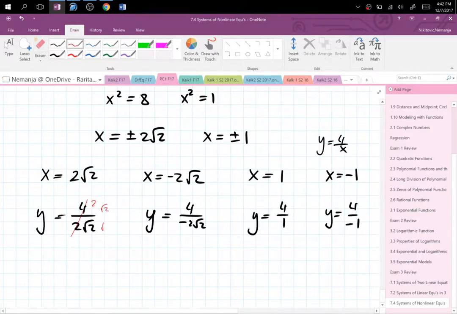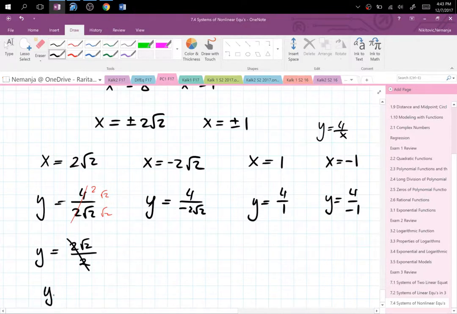Then you rationalize, and we get that y is equal to 2 root 2 over 2, and then the 2's cancel, so you are left with root 2. The second one will work the same way, except it's negative root 2, same numbers. 4 divided by 1 is 4, and 4 divided by negative 1 is negative 4.